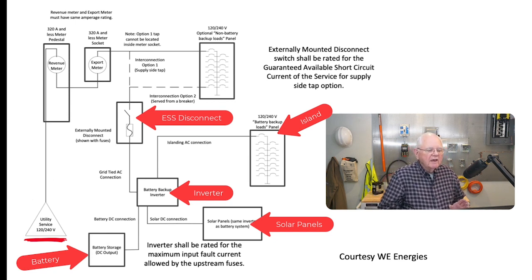If I have a system on site where I'm producing my own power, it's called a network power production system. That brings us back to the inverter, which is called an interactive inverter.